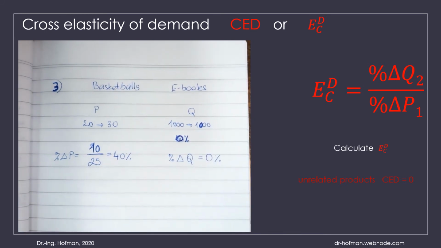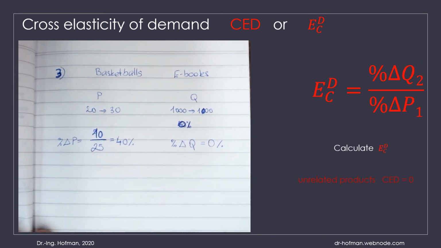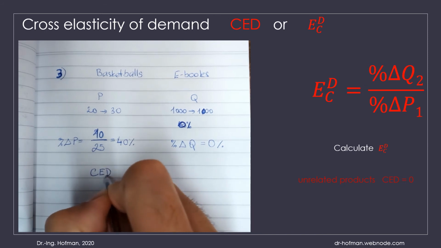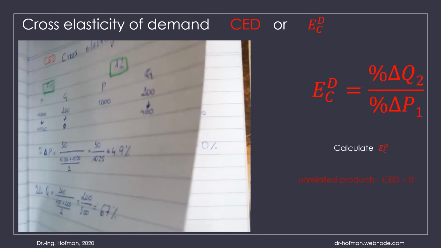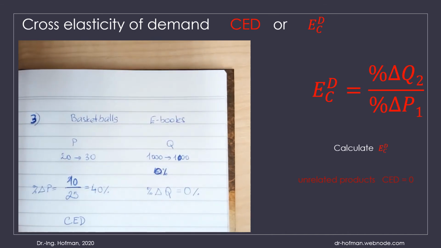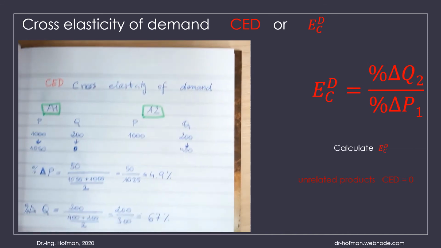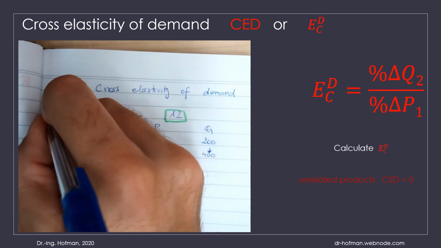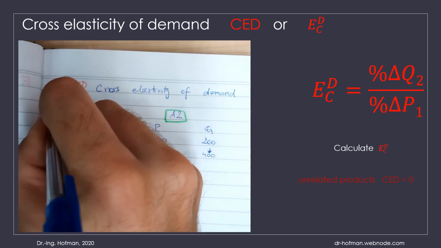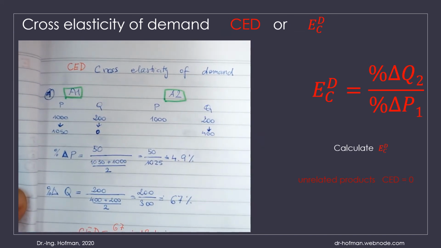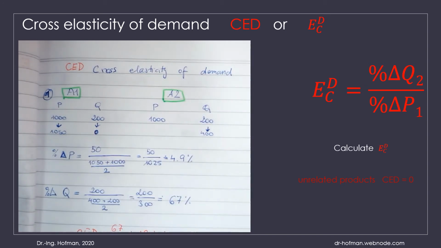And we should calculate now the CED, the cross elasticity of demand, for these products. We had already in the first example airlines, which were substitutes.